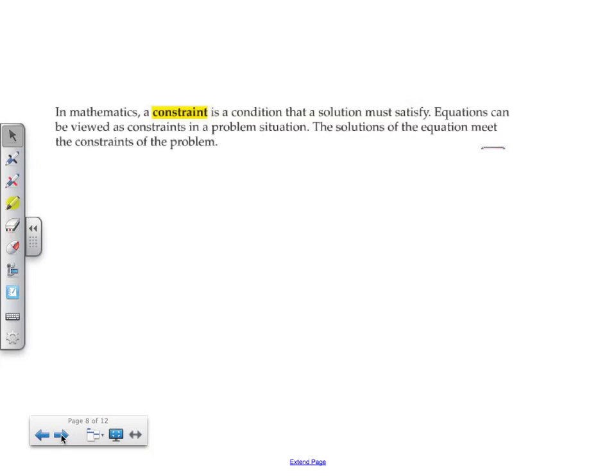So the constraint is you can go, but you have to satisfy this, and you have to be home by 9:30. So in math, the constraint is a condition that a solution must satisfy. And in this case, our constraints are the equations. They're the 2x plus y equals 7. That's the constraint to find the solution. All right, so that's what they just mean when you see the word constraint in mathematics.